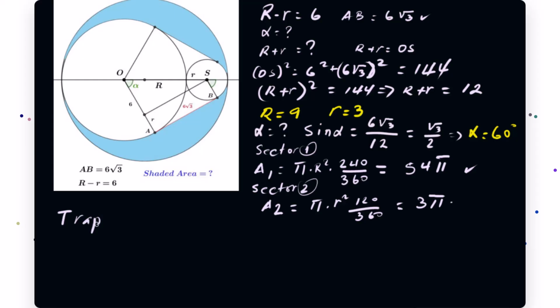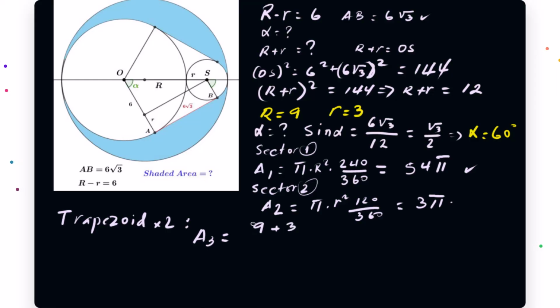The only thing left is the double trapezoid here. If you look at the bottom from OS and then the outside to AB, that is a trapezoid, and the other one is also a mirror of that trapezoid. So we just find it and we multiply by 2. We have that area also. So we will cover all the white area, the blank area here, and then we make the difference between that and the area of the outer circle, which has a radius, as you can see, of 12.